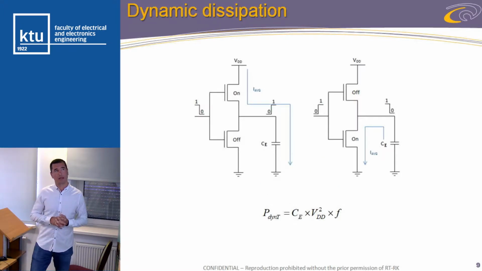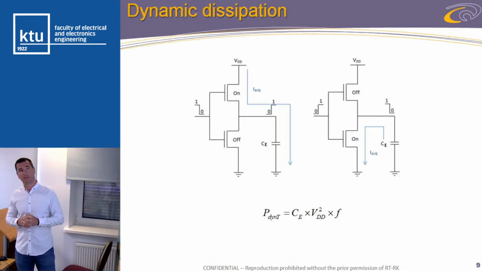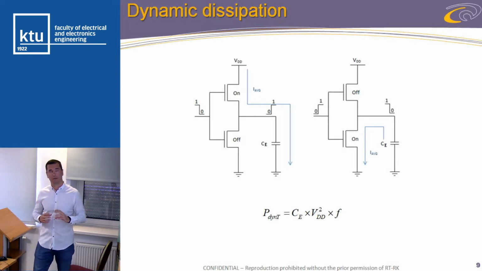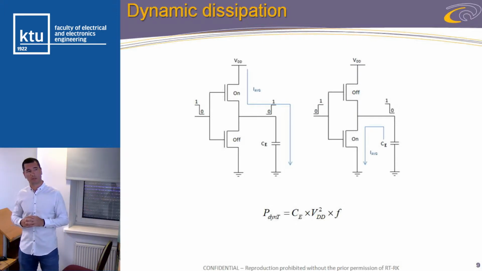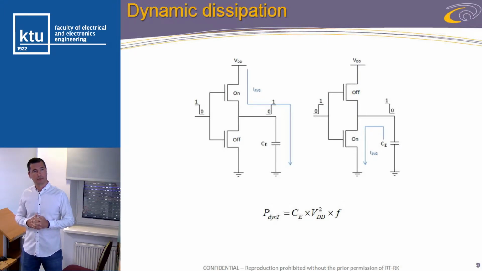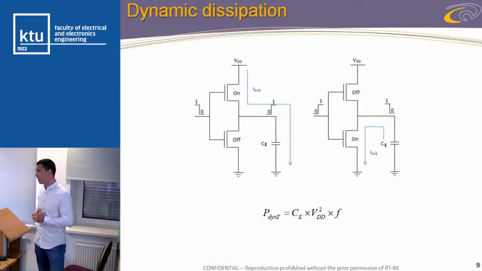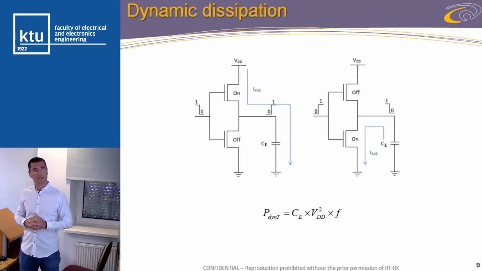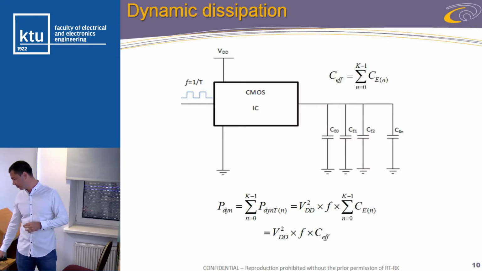Also, dynamic dissipation is created when we change the input state of the CMOS transistor, and we can define that dissipation as a multiplication of the equivalent capacitance, which is charged and discharged during those changes, the supply voltage squared, and the frequency.